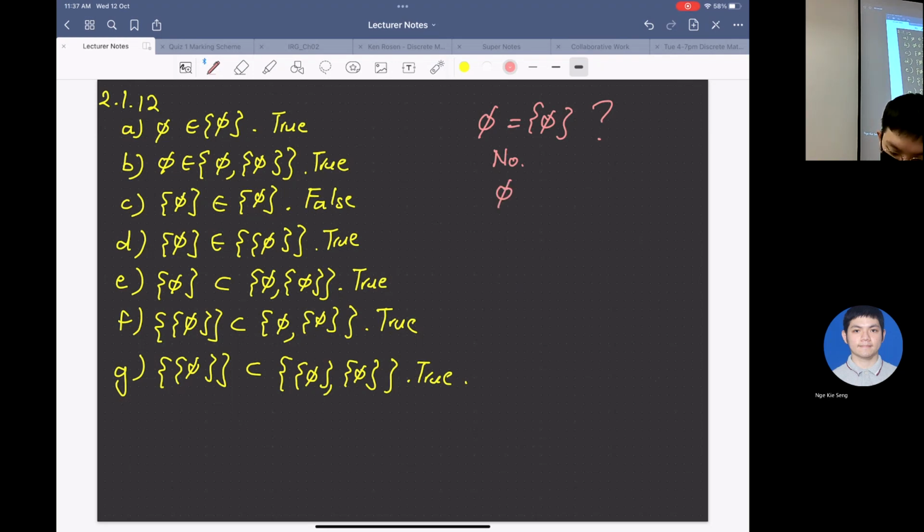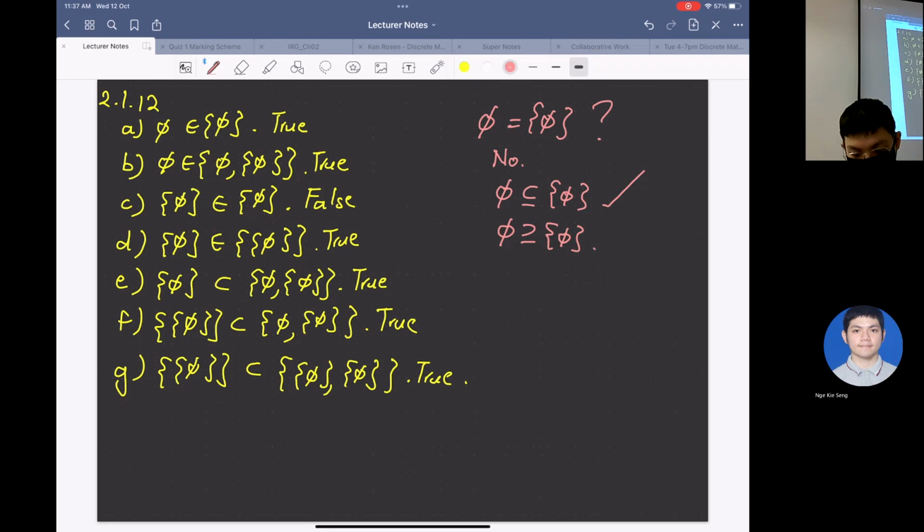If we want to show true, that means we need to show 2 set inclusions. First one, the empty set is a subset of the set of the empty set. This is correct because we proved that every set contains the empty set as a subset.